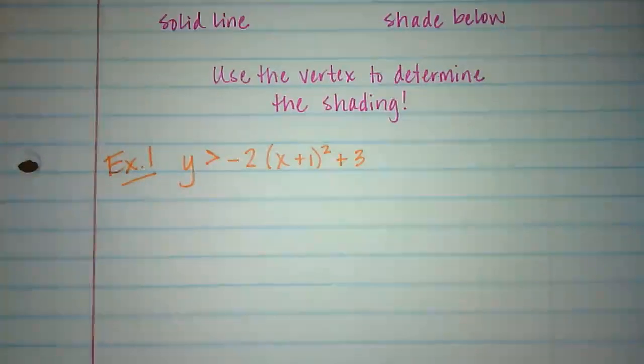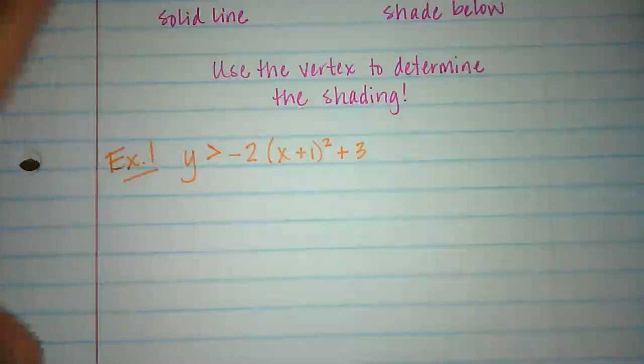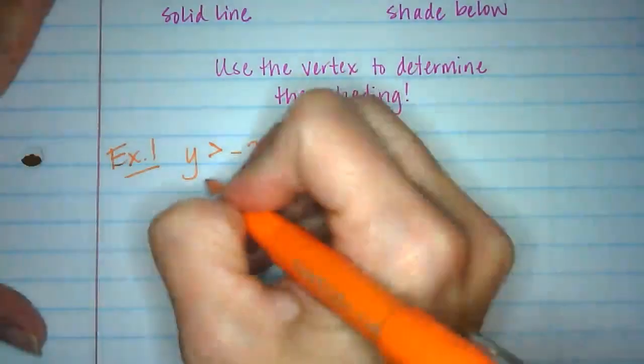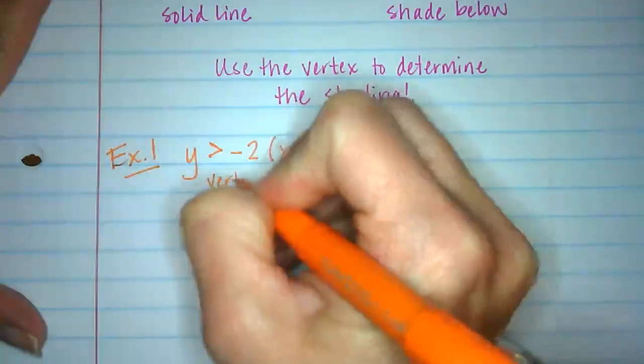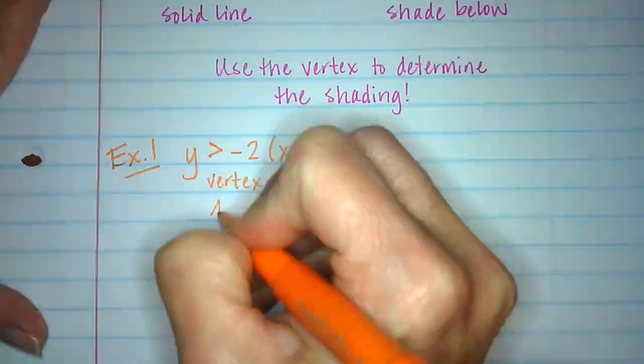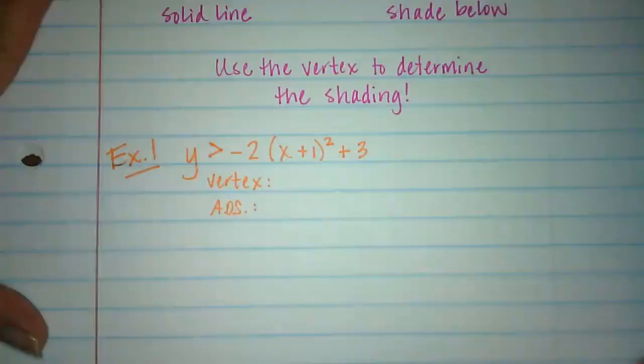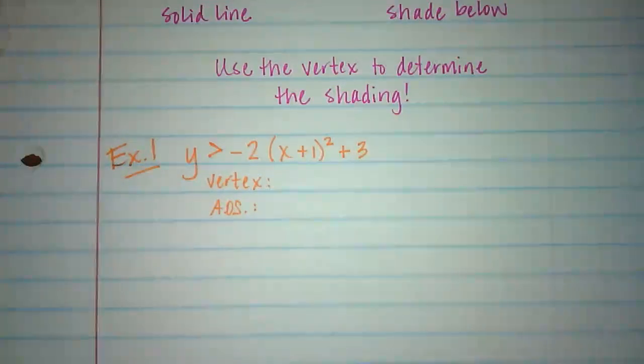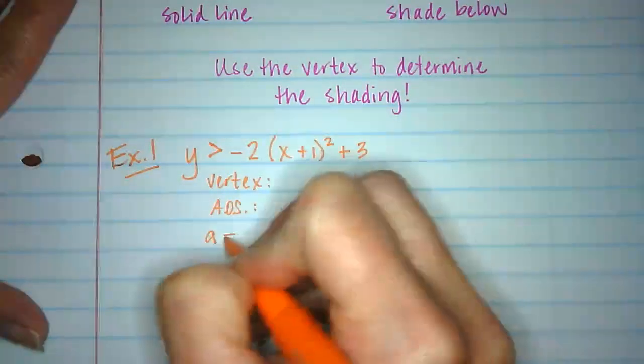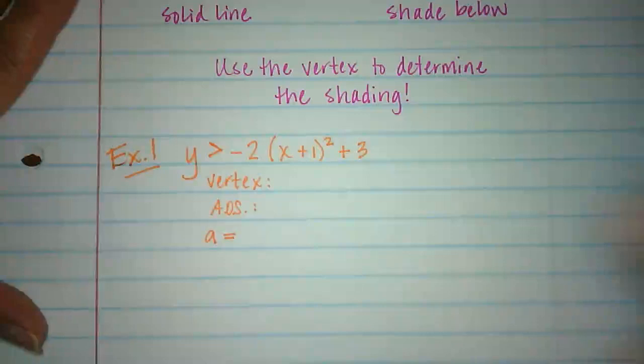All right. So first thing we need to do in order to graph a parabola is start by locating the vertex. Once we know the vertex, we can get the axis of symmetry, and then we can look at the a value and what that means for our parabola.